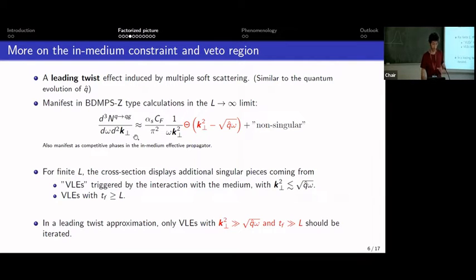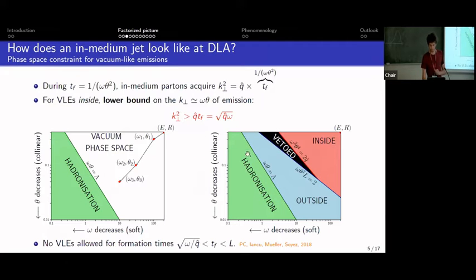You can decompose the spectrum as a soft and singular piece with a soft and collinear enhancement in the infrared, with a constraint which is basically coming from competing phases in the in-medium effective propagators that have been discussed yesterday in the BDMPS-Z approach. The other piece is non-singular, and it should not be resummed because there is no such soft and collinear enhancement. So this is in the L going to infinity limit, which provides this line.